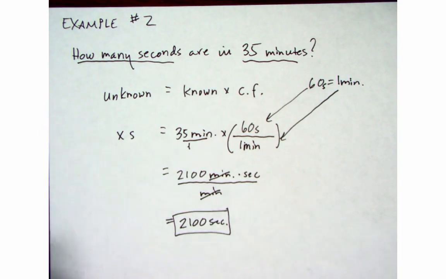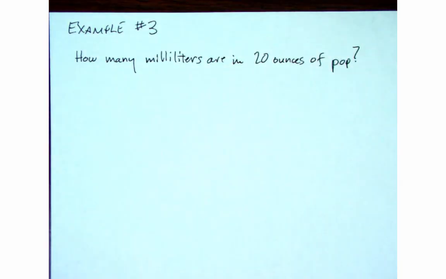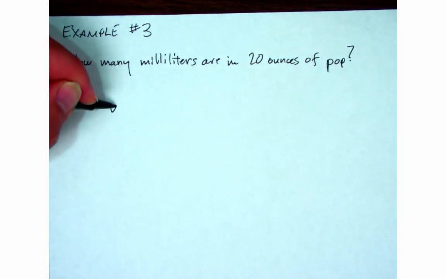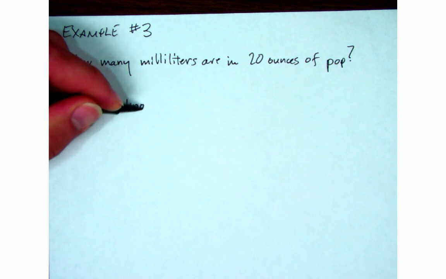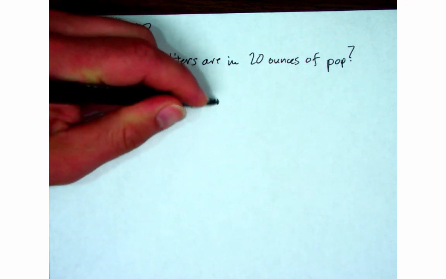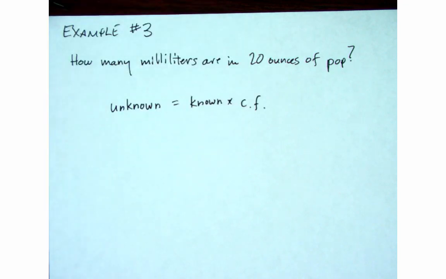Okay, let's do another example. How many milliliters are in 20 ounces of pop? So let's start out. Unknown equals known times conversion factor.